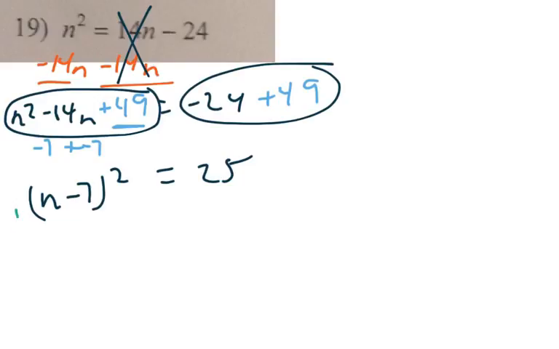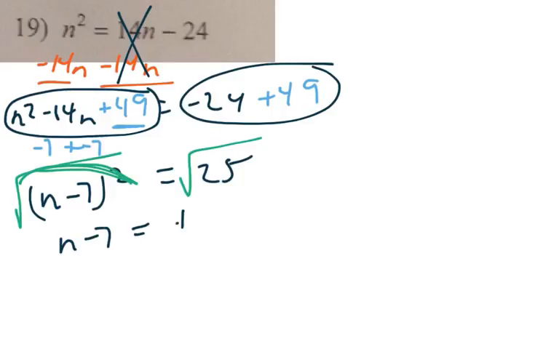So now what? Well, let's take the square root of both sides. And with the square root and the squared being inverses and canceling each other out, I'm left with n minus 7 equal to plus or minus 5, because the square root of 25 is 5.